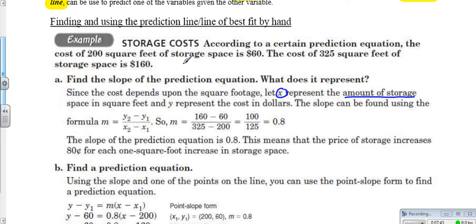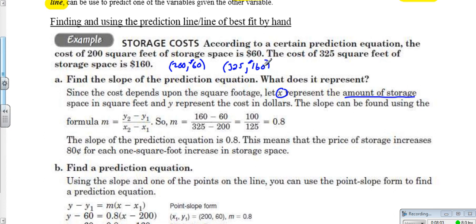So one coordinate would be 200 square feet, and then the dollars it costs to have that. Another coordinate would be 325 square feet, and the cost is $160 for that. So these are 2 coordinates.